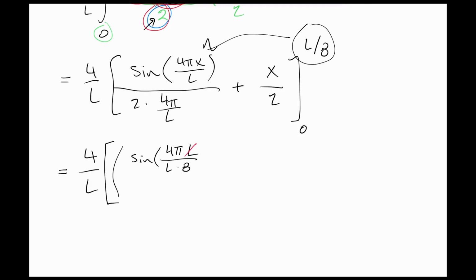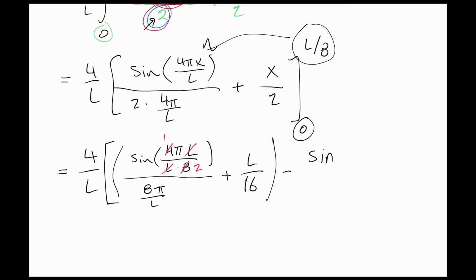We could see here that this cancels with this. 4 divided by 4 is 1. 8 divided by 4 is 2. So we could simplify like that. And here we have 2 times that is 8 pi over L. Nice. Now here we have plus L over 2 times 8 is 16. Close this, subtract. On the other side, we do the same thing, so we plug in 0.